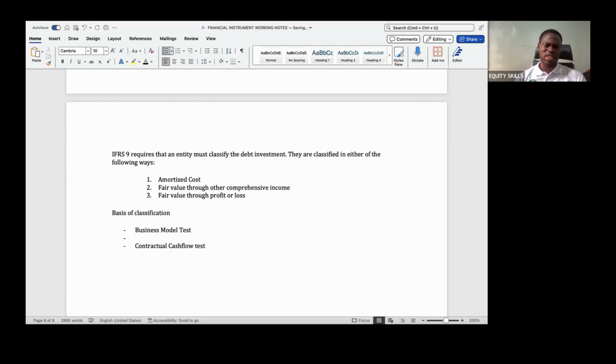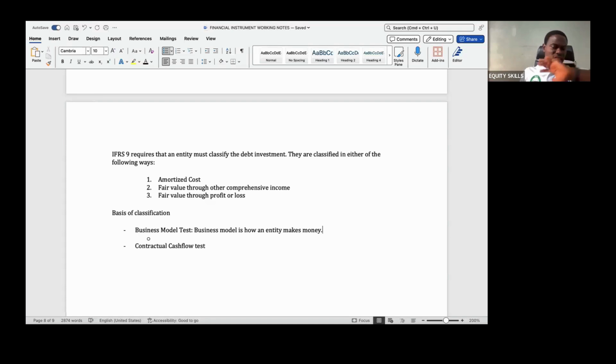So when we say business model test, what do we mean? This business model is how an entity makes money. If I want to make it very simple for you, every business has how it makes money.